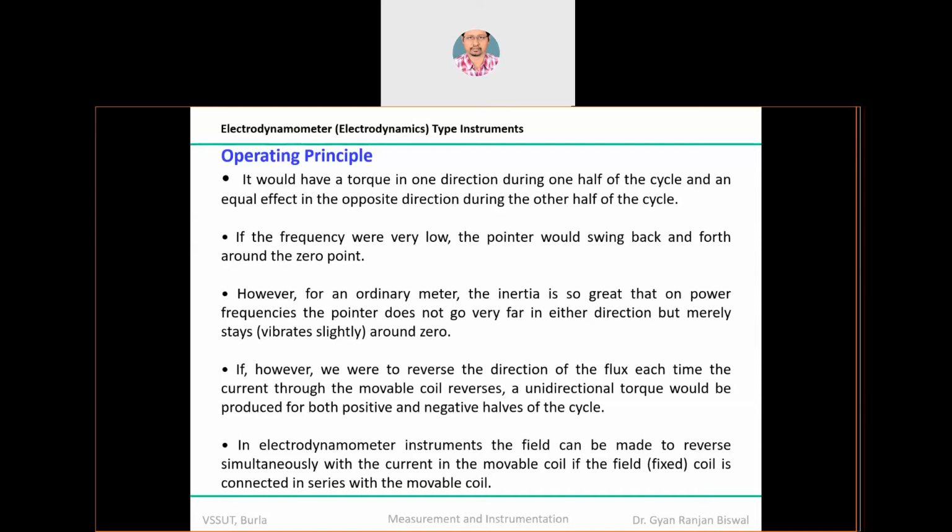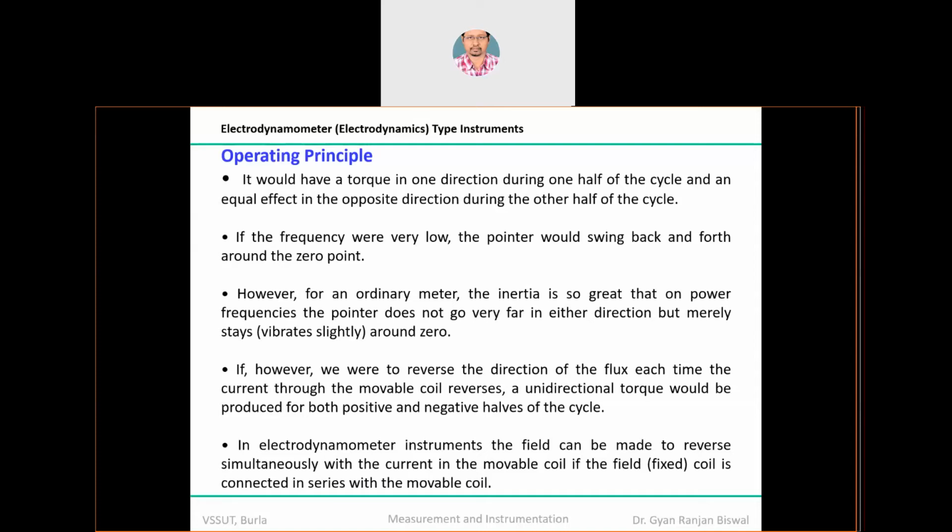As far as DC is concerned, it is fixed, because in that case the polarity will be fixed. But as far as AC measurement is concerned, by changing the direction of the current, the direction of the flux, the induced flux, also changes. Therefore the torque on that pointer will move it either in the forward direction, that means the increasing value, the positive half of the cycle, or the decreasing value, the negative half of the cycle.